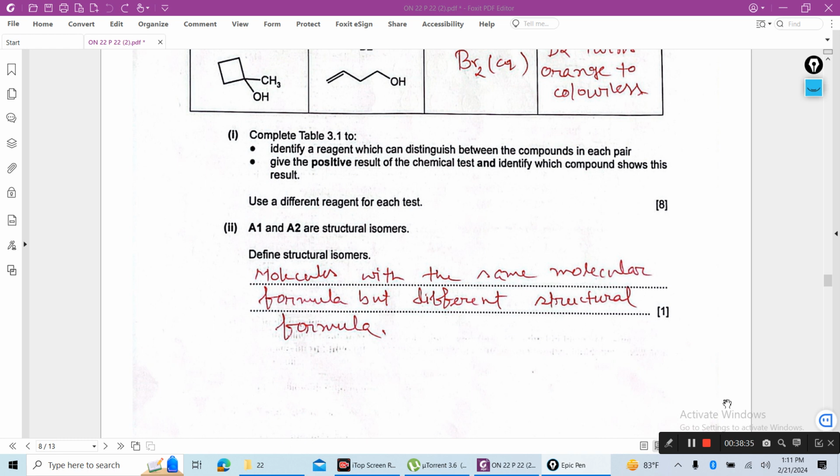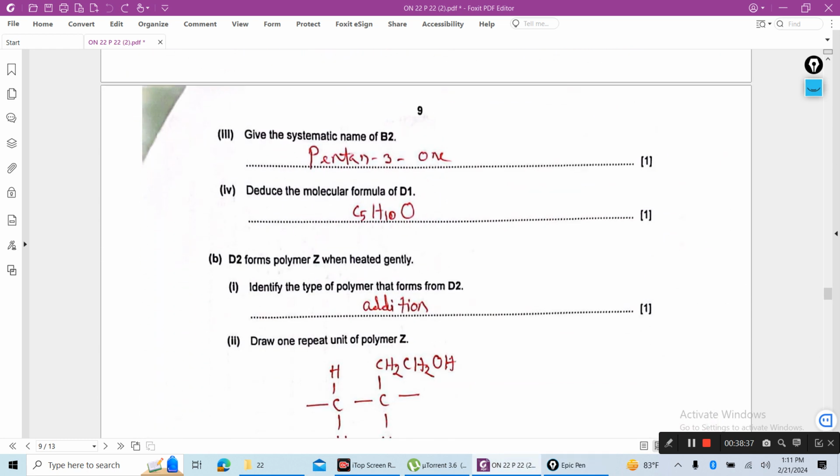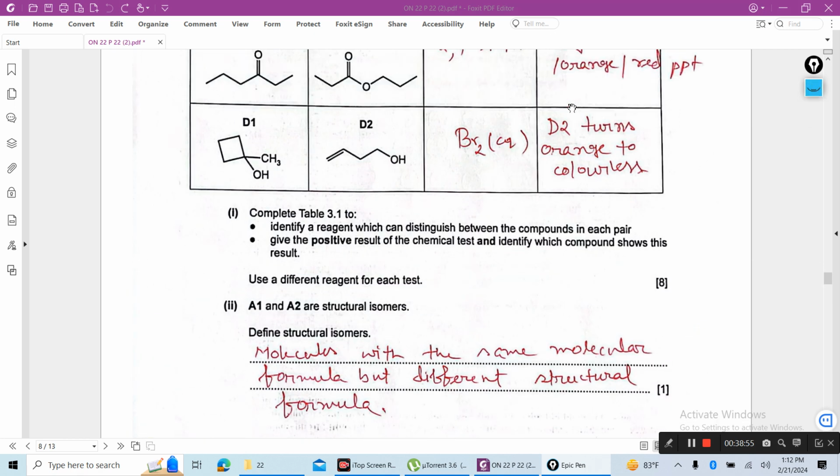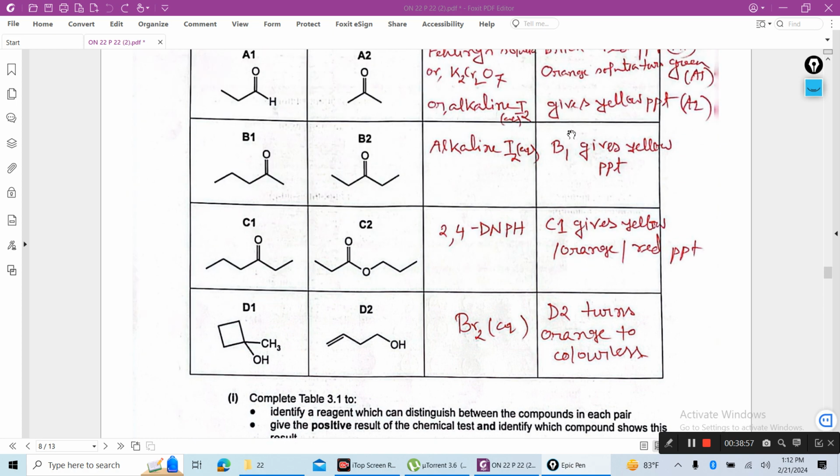Now next one, give the systematic name of B2. B2 is a pentanone, 3-pentanone, because B2 is 3-pentanone.